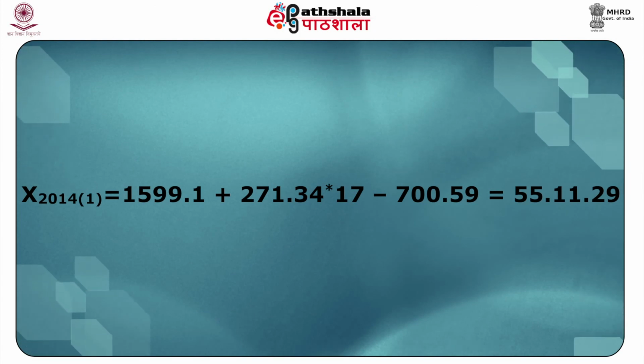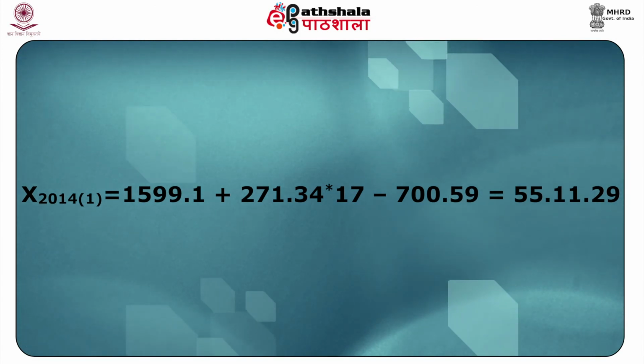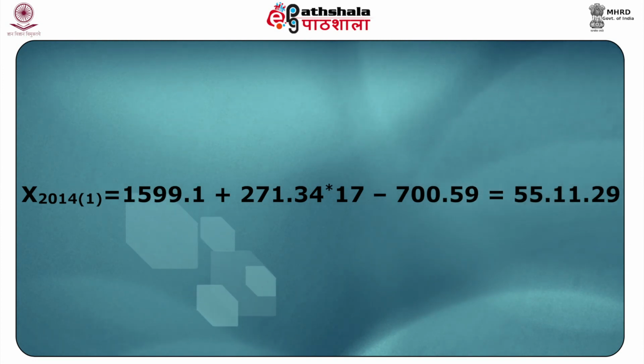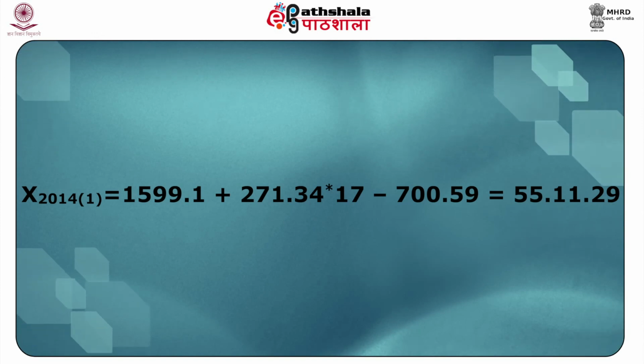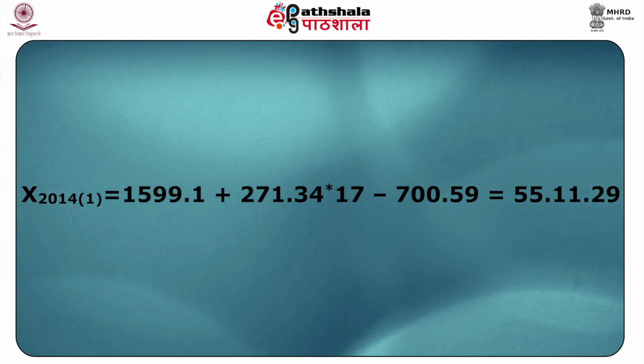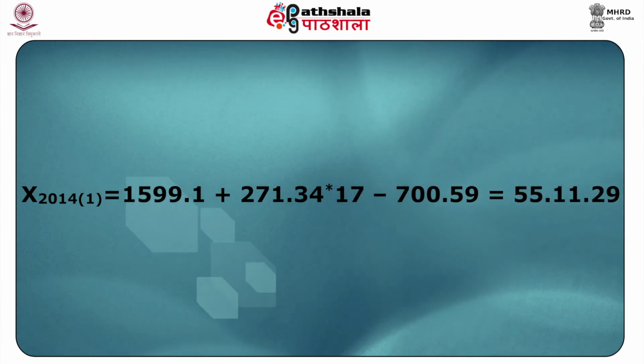The next step is to forecast sales for first quarter of 2014, for which T is equal to 17, D1 is equal to 1, D2 is equal to 0 and D3 is equal to 0 also.